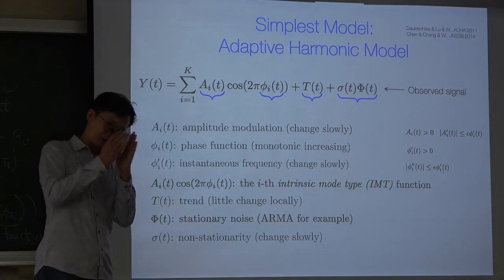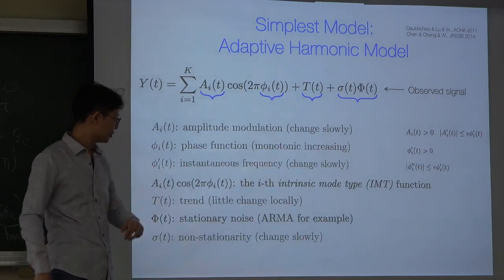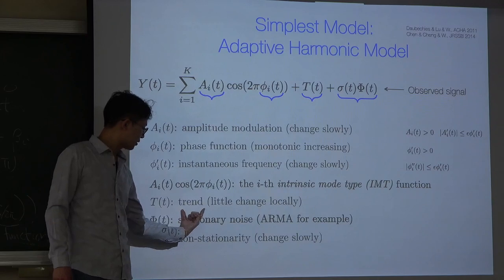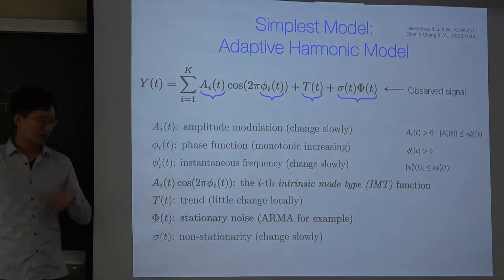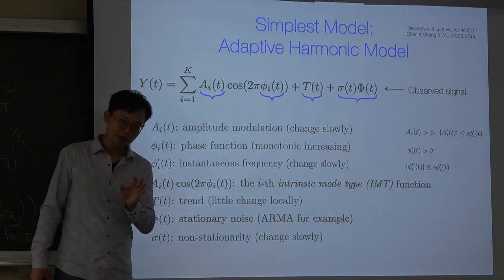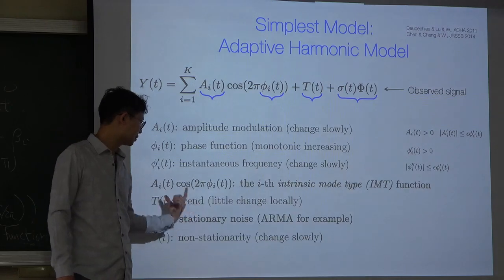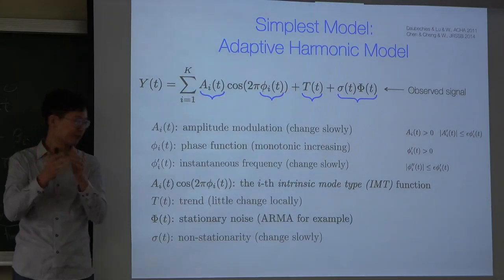It's supported around just 0, so that it does not have spectral leakage to the high frequency domain. And in this sense, which we will discuss in a bit more detail when we need to handle trend, polynomial is actually not a good one to model trend in practice, in particular when the data signal is very short.